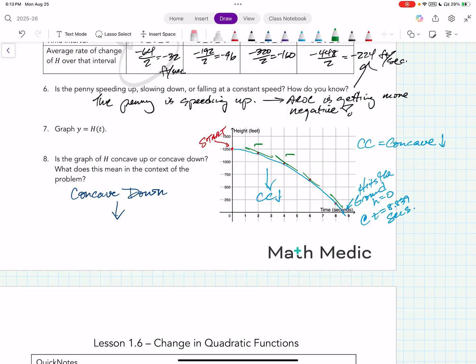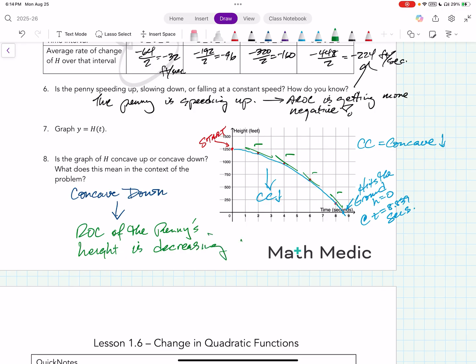They all have negative slopes, and it's getting steeper and steeper, more and more negative. That implies that the rate of change of the penny's height is decreasing.